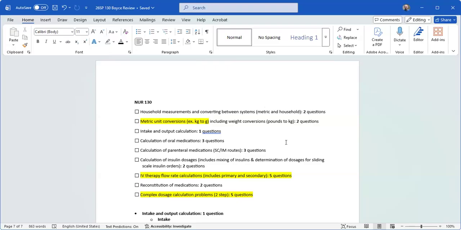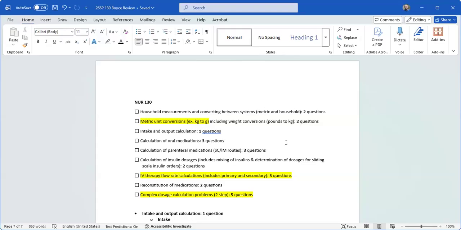Most of these questions were set up by, I think she's a practicing nurse now, that had gone through the 230 test, and she put together a whole bunch of practice questions that were very similar, not exactly identical, to the types of questions that you might see on your test.